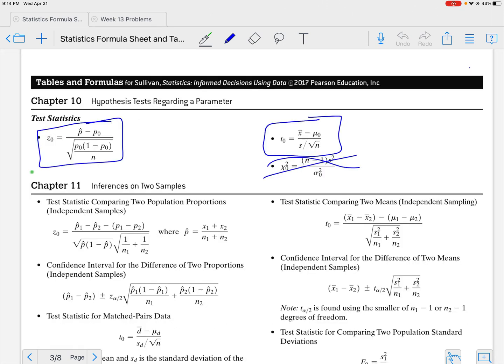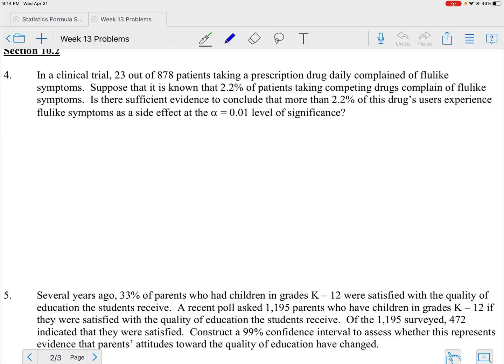I'm going to come back over here to this formula sheet. If you're talking about a proportion, your test statistic is going to be this formula. If you're talking about a mean, your test statistic is going to be that formula. Now, with that being said, I am going to solve these the long way. In essence, you can't see it, but I'm air quoting the long way using the test statistic.